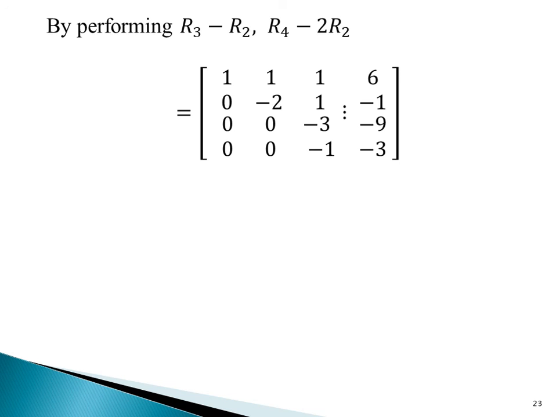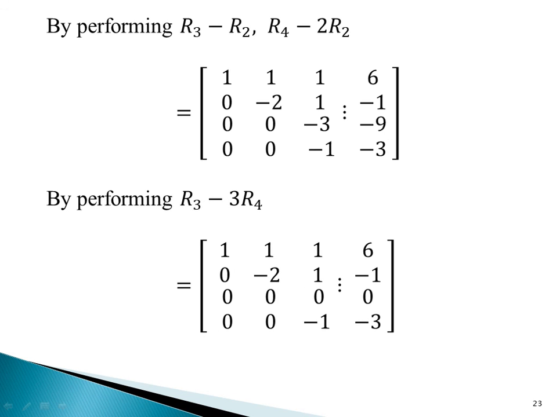Now we have to make this minus 1 entry a 0. Okay, so by performing the operation R3 minus 3R4, we have 1 1 1 6, 0 minus 2 1 minus 1, 0 0 0 0, 0 0 minus 1 minus 3.